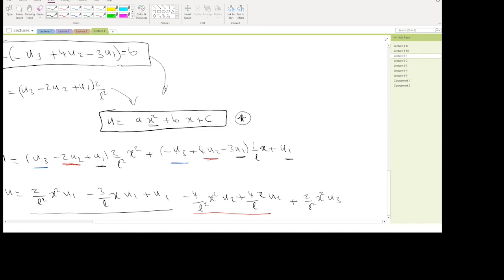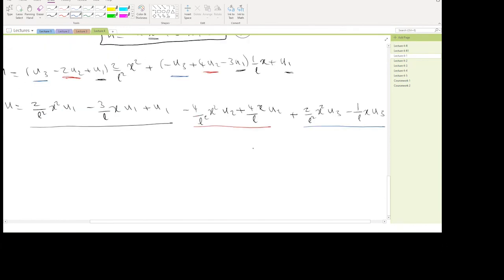And then from the second equation, I have minus U3 multiplied with 1 over L X. So this is going to be minus 1 over L X U3. And this is going to be my third shape function. So these are the three shape functions I'm going to have. I'm just going to take U1 as a common factor in the first part, U2 as the common factor in the second part, and U3 in the third part.